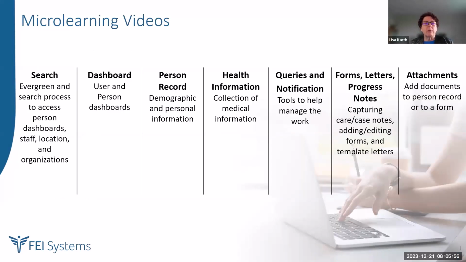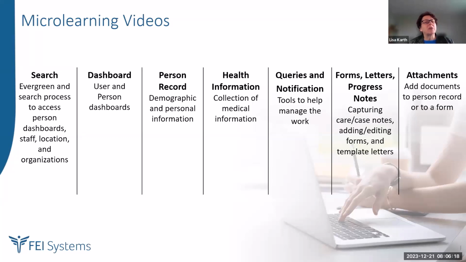There's a number of microlearnings out there that hopefully you've had the opportunity to check out and enjoy. They're very short, so if you haven't checked these out, please do so. The search microlearning introduces you to Evergreen and goes through the search.